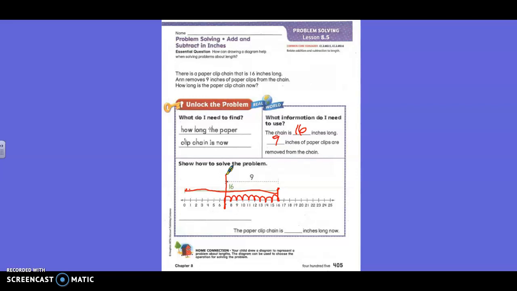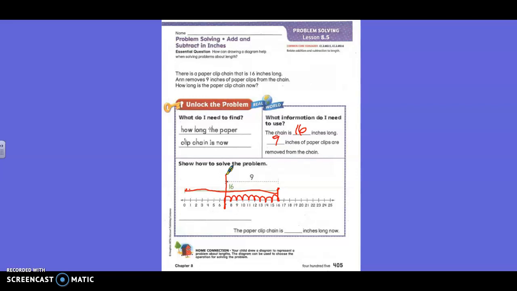Everybody jump back 9. If you didn't do it with me, please do it now by yourself. Start at 16 and jump back 9. Okay, what did it land on then, boys and girls? 7.